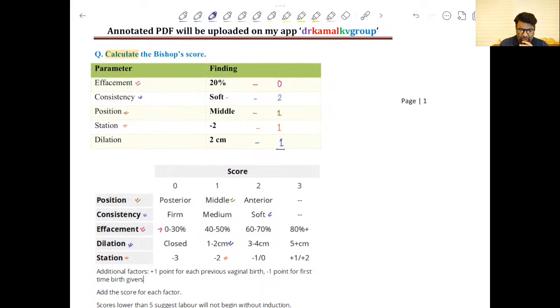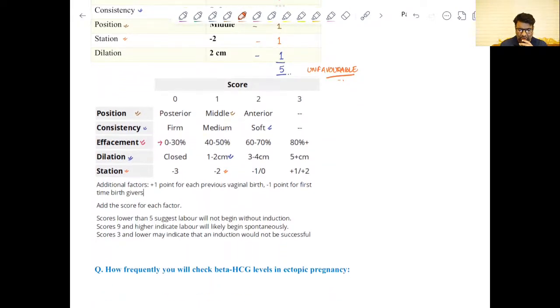Overall, if we just add up all these values, the score was 5, which is actually an unfavorable score. Clear? This is how you need to calculate the Bishop score, and you had to remember 5 points, out of which 4 points relate to the mother's cervix and the 5th point relates to the fetal head station.